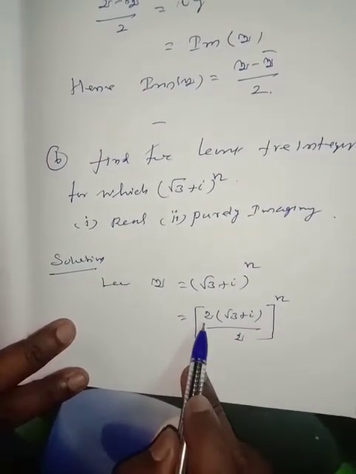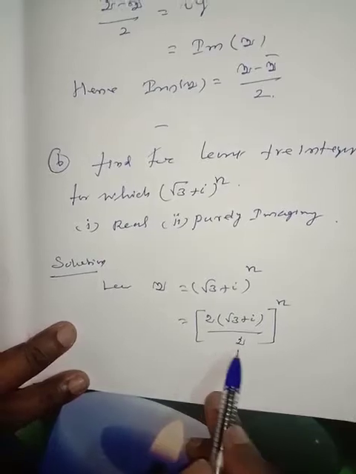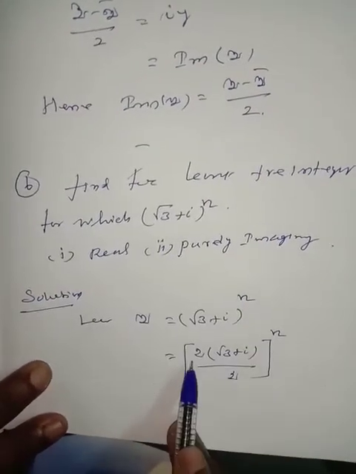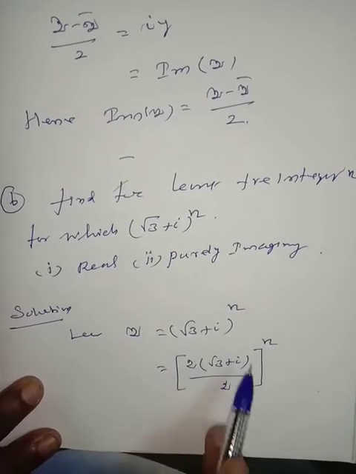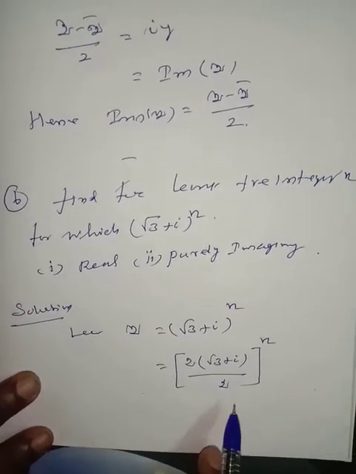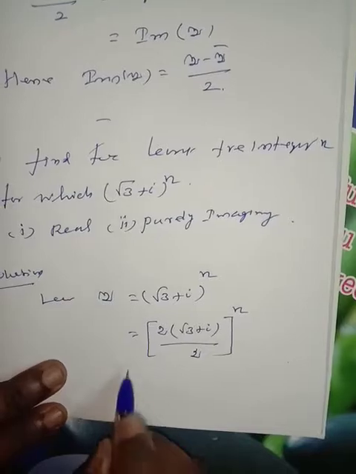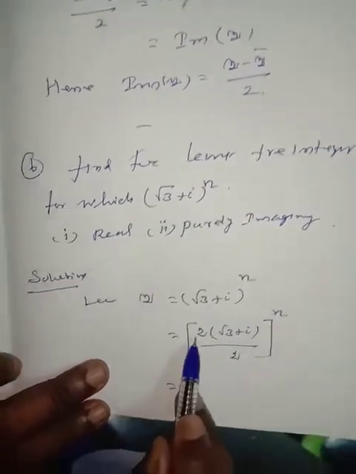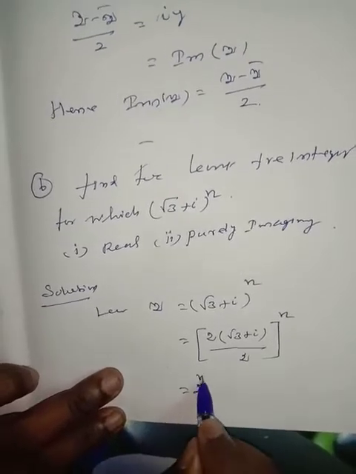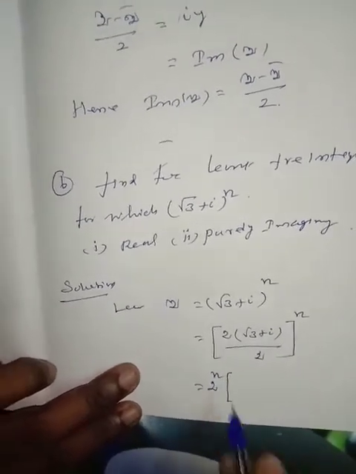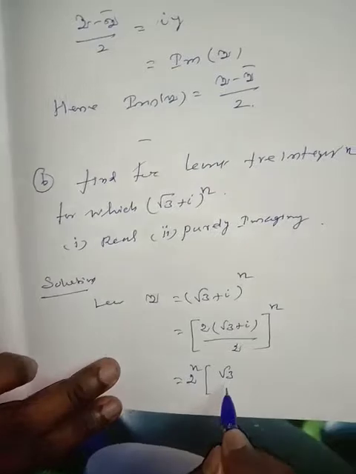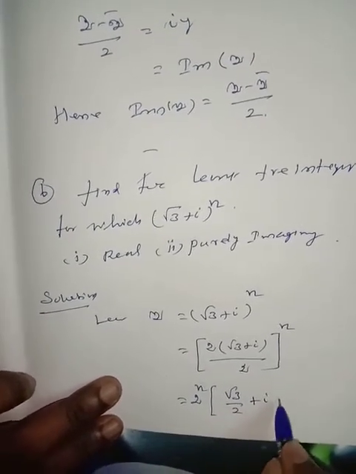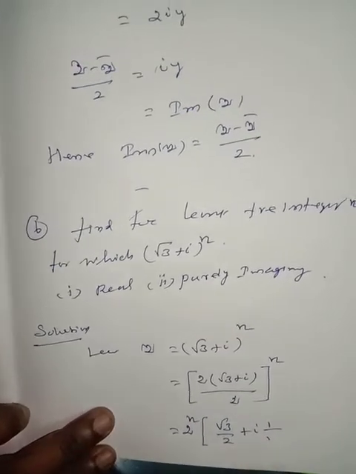Multiply numerator by 2, multiply denominator by 2. Denominator here 1 into 2 is 2. Therefore, these two 2's are cancelling, we get the original one. Next, power n. So 2 to the power of n bracket root 3 by 2 plus i into 1 by 2.